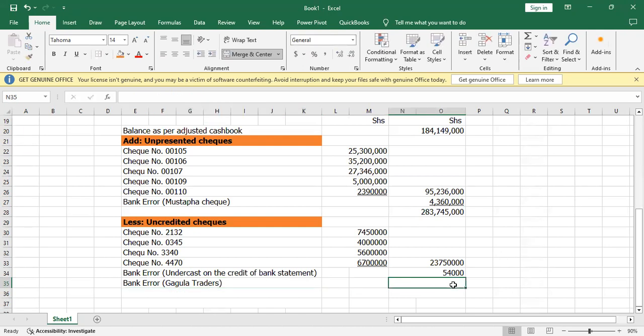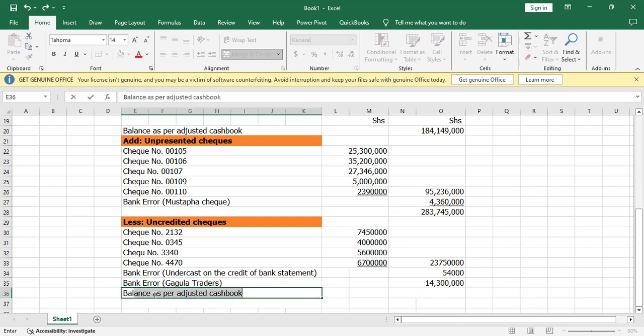So on correction, when we are coming up with our bank reconciliation statement calculation, these two amounts will be added and they will appear under the part of uncredited checks, 14.3.